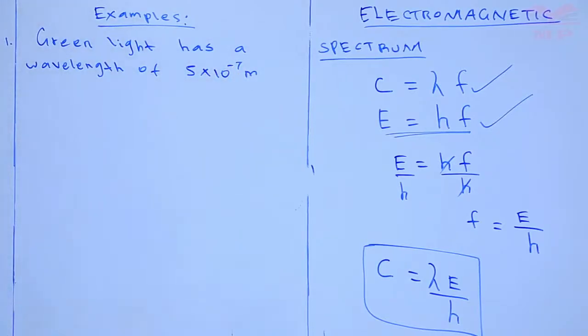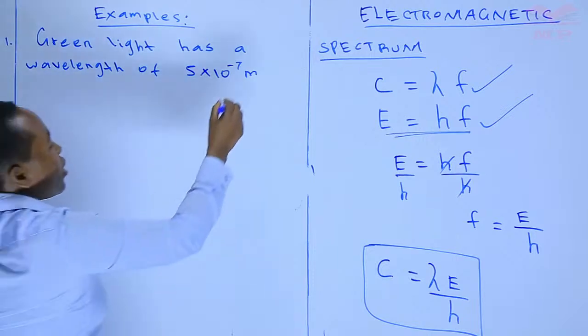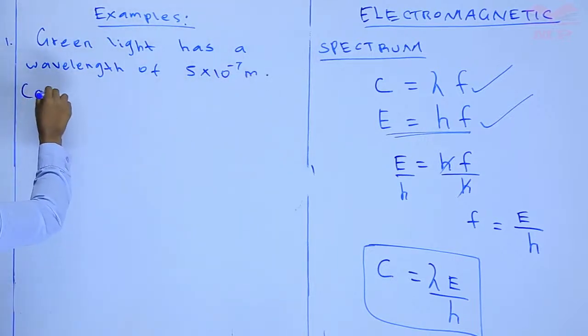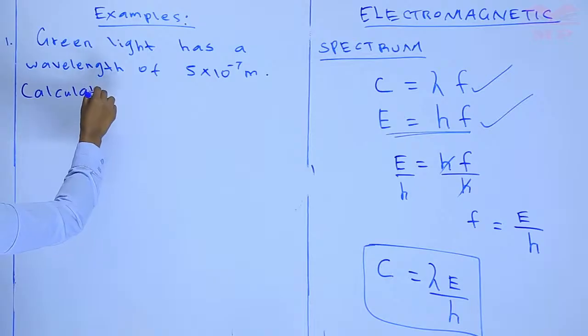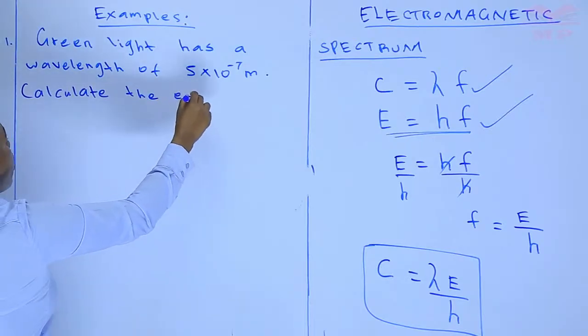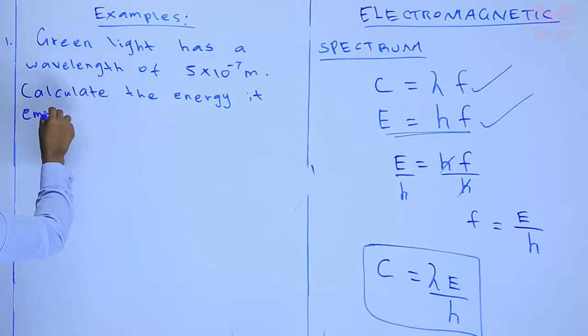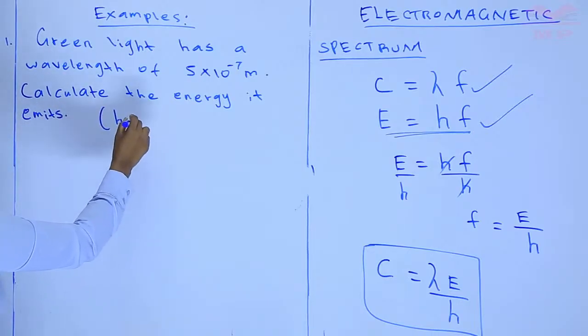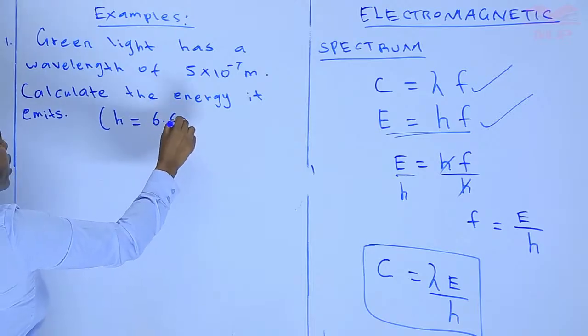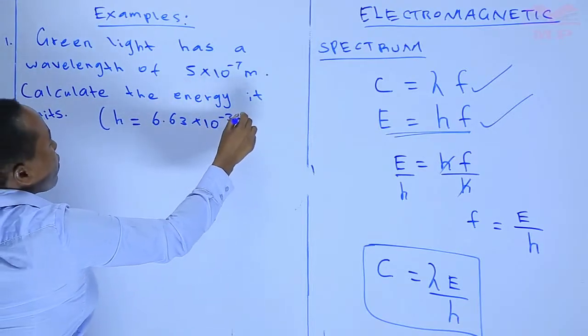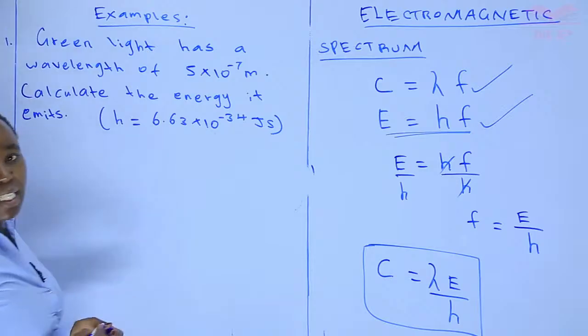That is the wavelength. You are told to calculate the energy it emits. And you have been given the value of h to be 6.63 times 10 power -34 joules second.